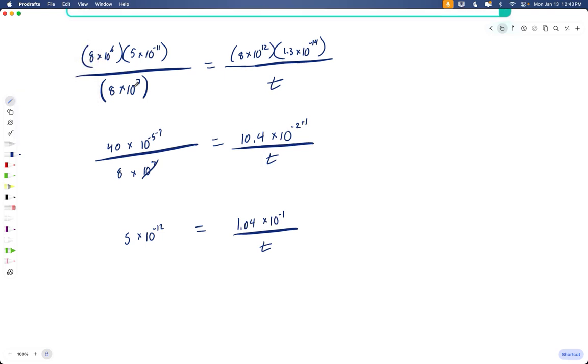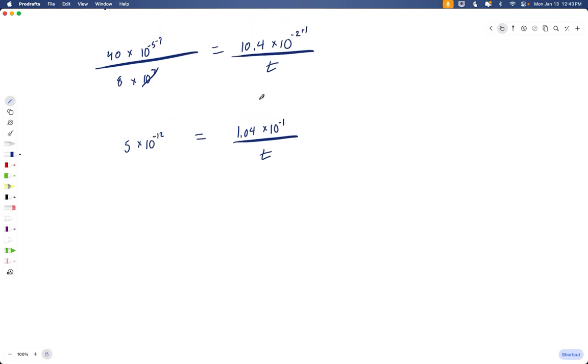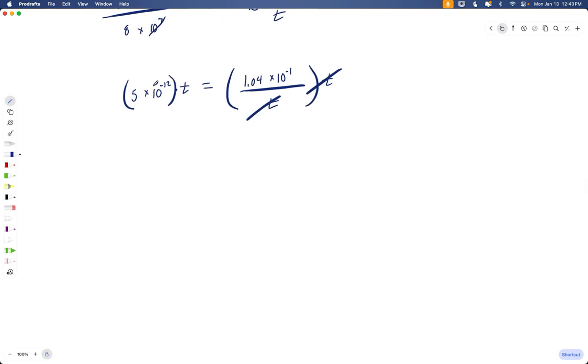Okay. So this is where we are. The reason I did that is because we went forward 1, so we added 1, right? That's the plus 1. So now we're going to multiply both sides by t. Right? This would cancel. So we're going to divide both sides by this factor. So t is equal to 1.04 times 10 to the negative 1 divided by 5 times 10 to the negative 12.